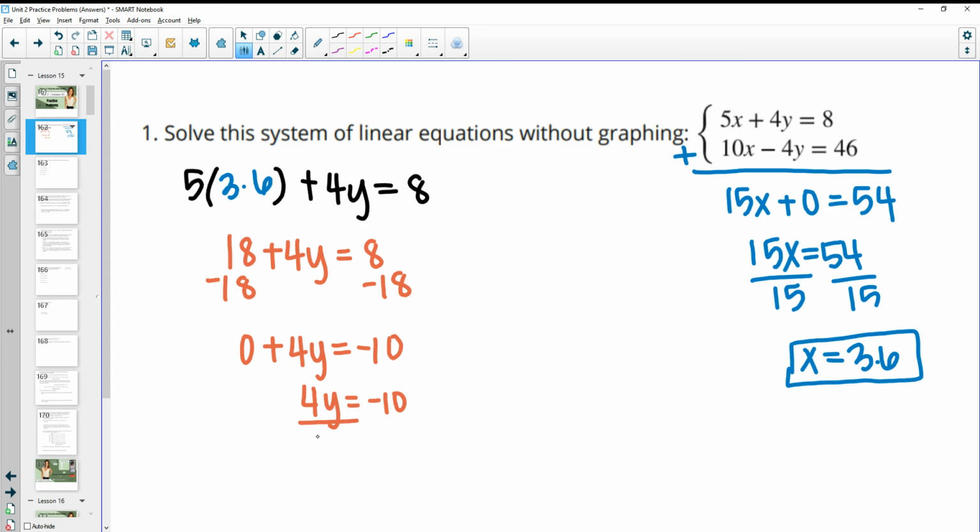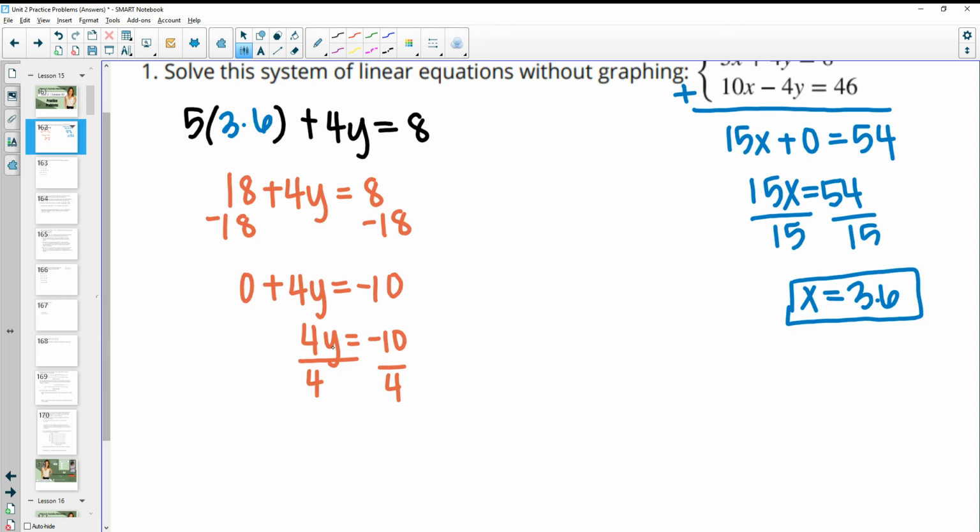So then we'll divide both sides by 4 so that 4y divided by 4 is just 1y. And then -10 divided by 4 is -2.5. So we get that y is equal to -2.5.